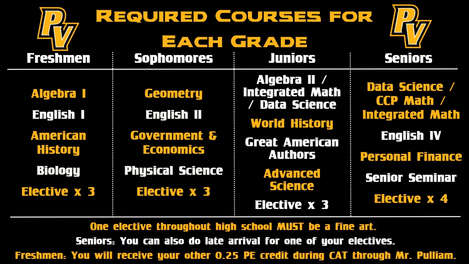So the other options that you guys have, besides electives, are we have a couple of different study hall options. You can either do your typical study hall, which if that's the case, if you want a typical study hall, please just leave the option blank on your request form. Only fill out 6 classes or request 6 classes instead of requesting 7.